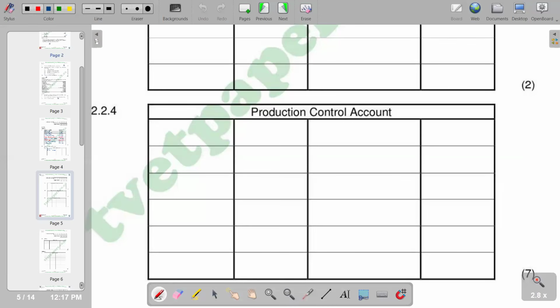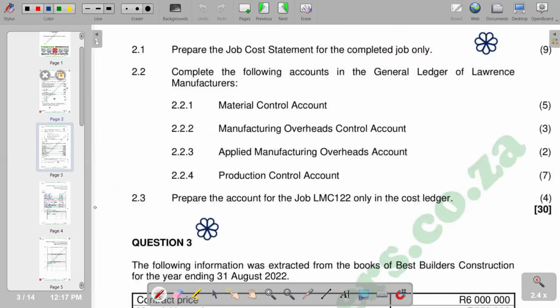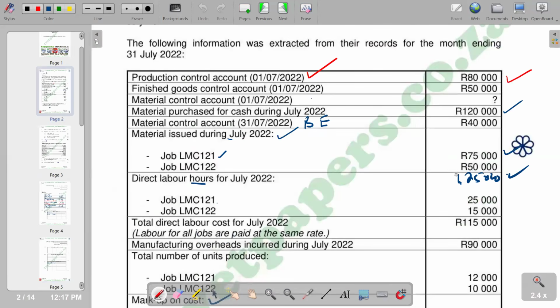So in terms of our production control, remember we said we've got a balance BD of 80,000. So we say on the debit side, balance BD of 80,000. And then, of course, we can now enter the double entry of the 125,000 of the material that is being issued to the production control.